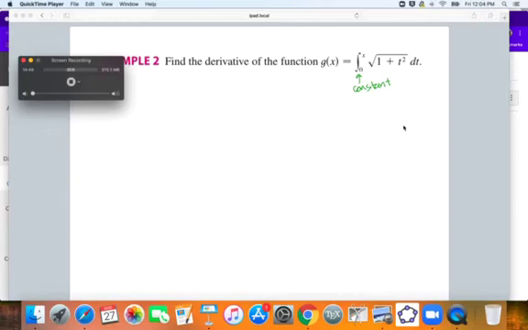And my function, let's call that f of t, right? So f of t is root 1 plus t squared. So then the fundamental theorem of calculus just says that g prime of x should equal f of x, meaning g prime of x is my function, but in terms of x, not in terms of t.